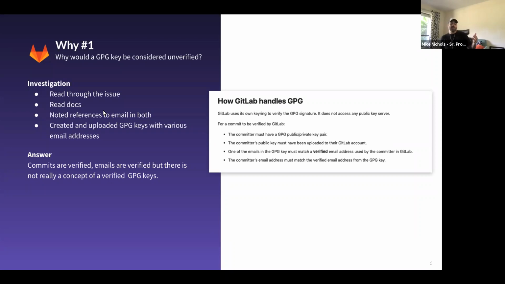And as it turns out, GPG keys are not verified. What are verified are emails and then commits that are verified with GPG keys that have verified emails. So it turns out we don't really have a concept of verified GPG keys, which leads us to our second why.